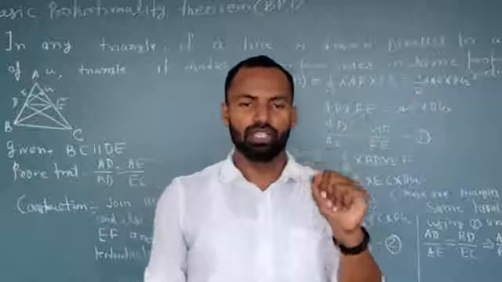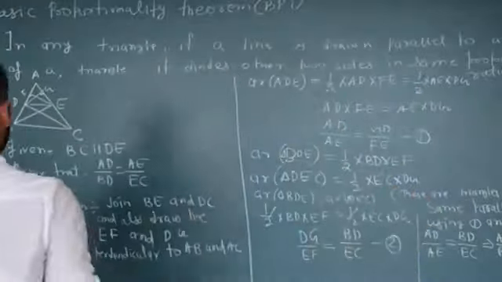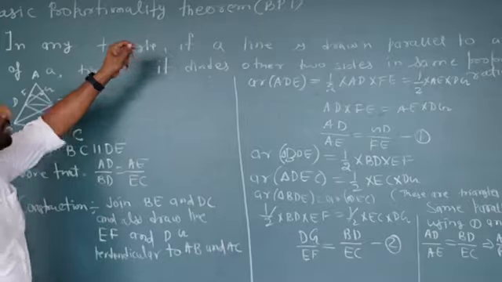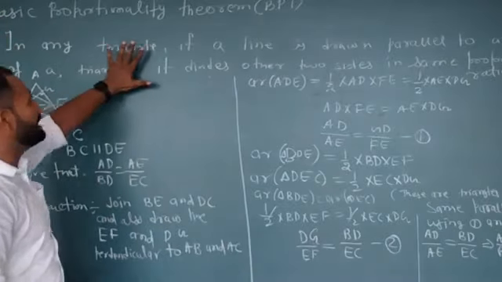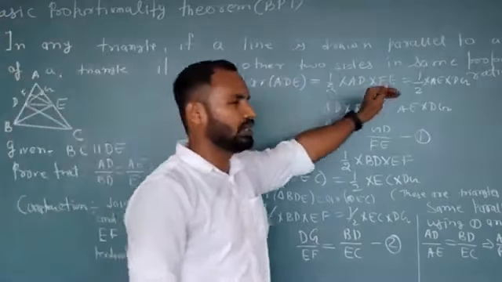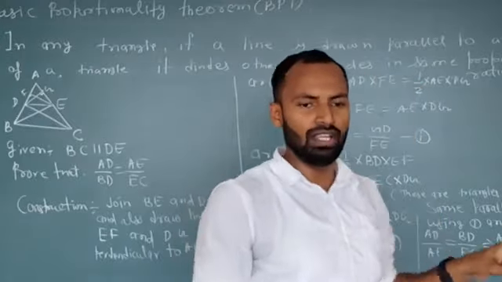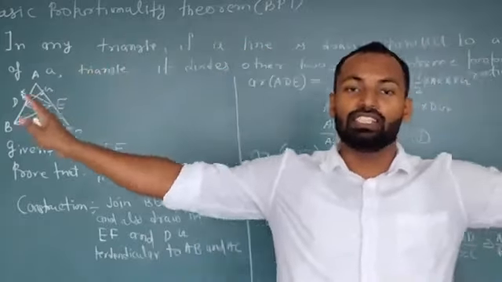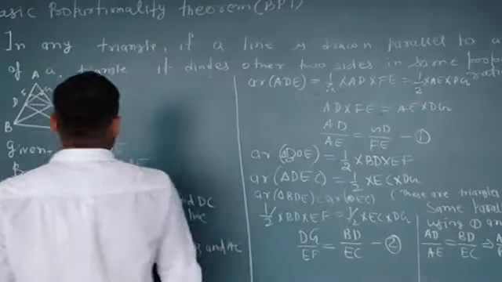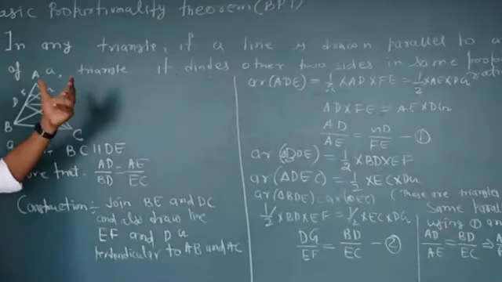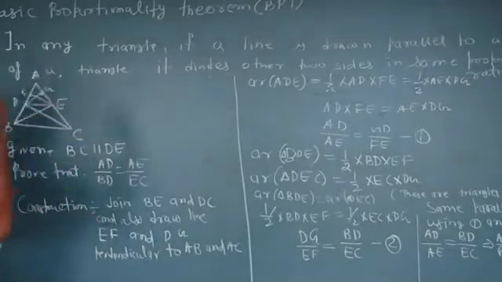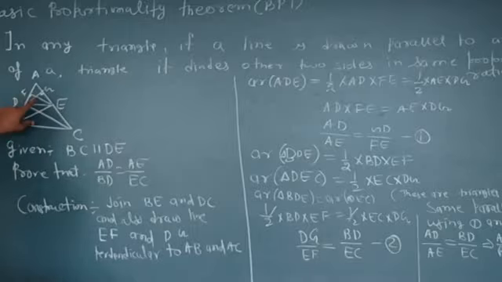I hope you understood. Okay, so let me explain again. What is the basic proportionality theorem? This theorem says that in any triangle, if a line is drawn parallel to any side of the triangle, it will divide the other two sides in the same ratio. So we have proved this theorem. For that, we have drawn a triangle ABC.